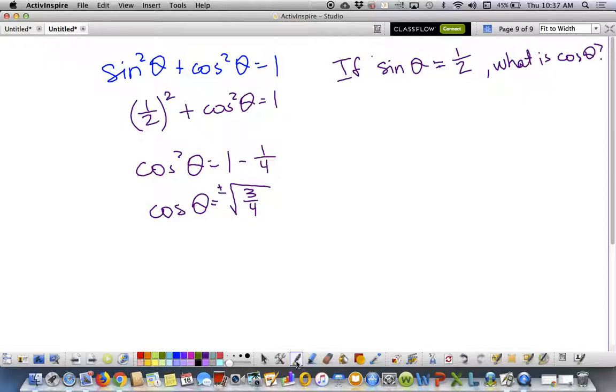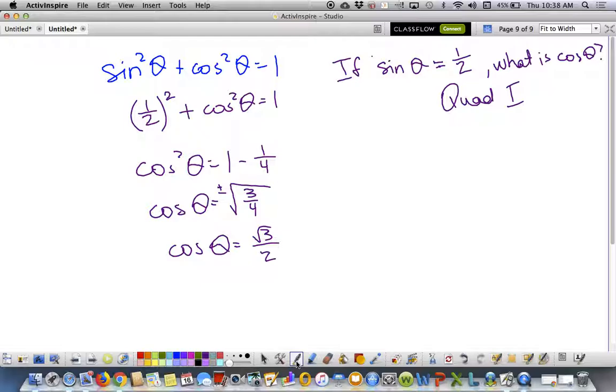But I still need my positive or negative because you needed to be given one more piece of information. What quadrant is this in? Because we don't know if it's supposed to be positive or negative. If sine is positive, which quadrant could it be in? 1 or 2. So we're going to go ahead and say it's in quadrant 1, so that we will take the positive. Okay? So what is our answer? When we take the square root, what are you left with? There you go.